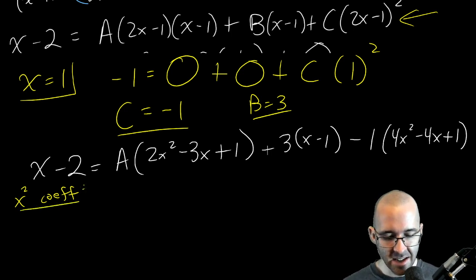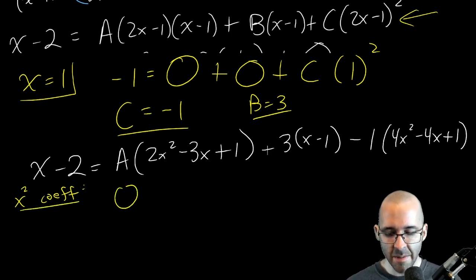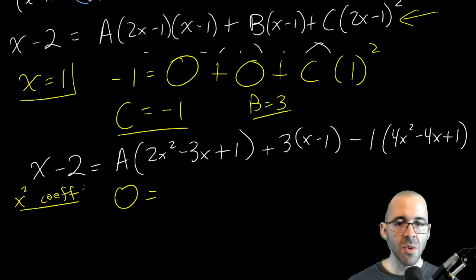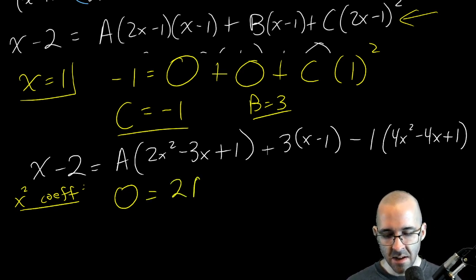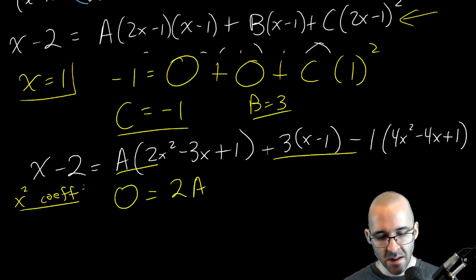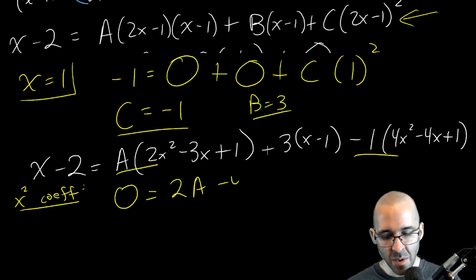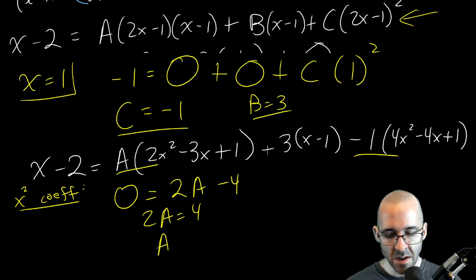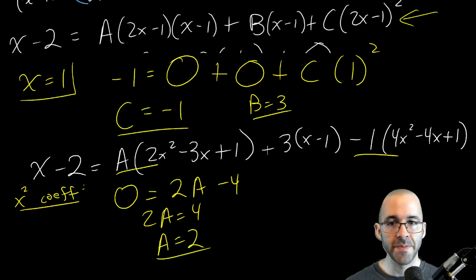It looks the easiest to me because there's not that many of them. There's no x squareds on the left. There's 2a x squareds here. There's no x squareds here, and there's a minus 4x squareds over here. Oh, okay. 2a is 4. A equals 2.